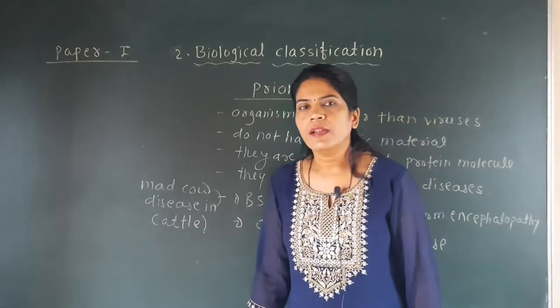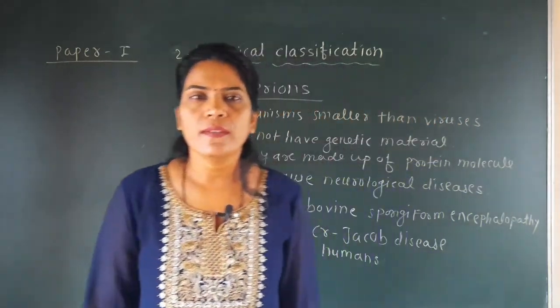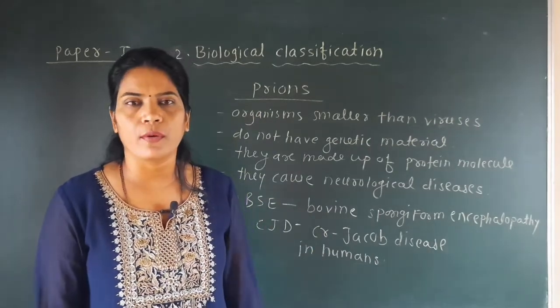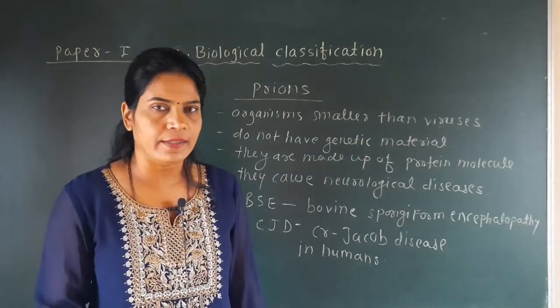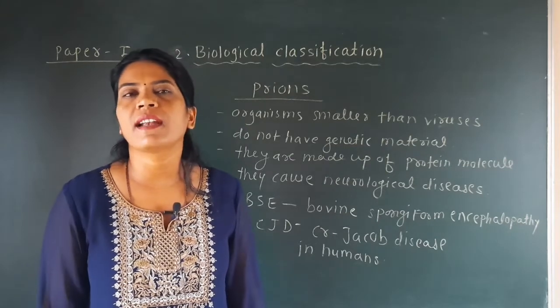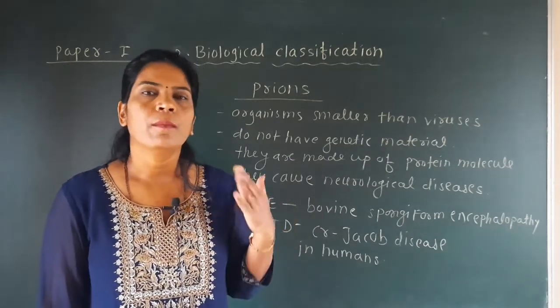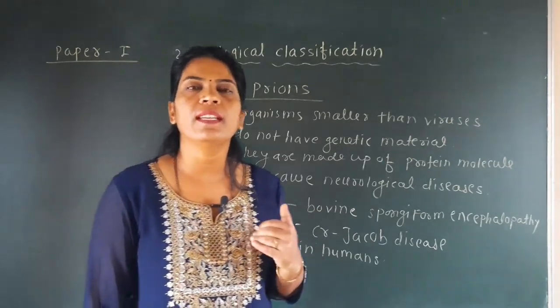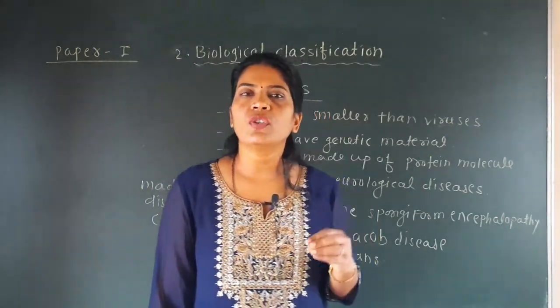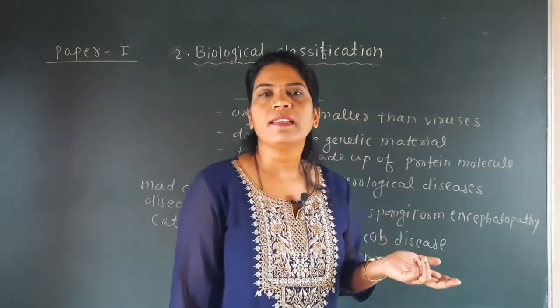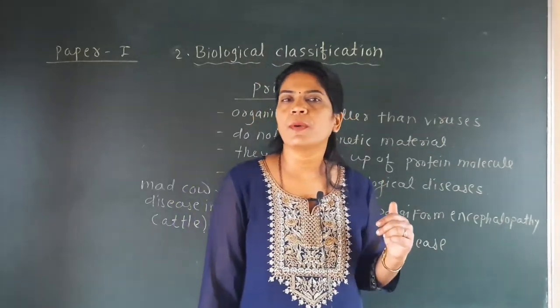So students, up to this we have seen the information given about the prion, but you can easily understand more information about it in the next lecture. In today's lecture, we revised some part of the previous lecture about the virus.